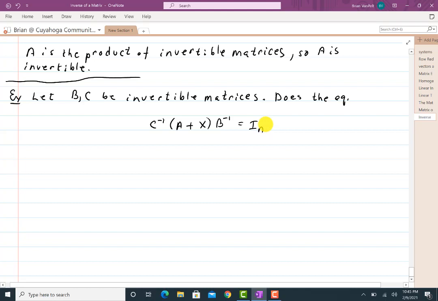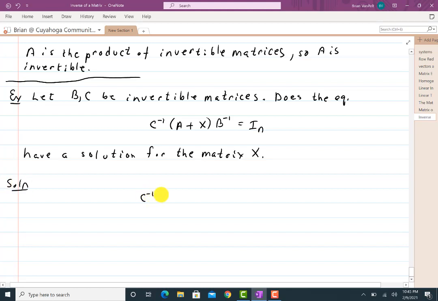Does the equation have a solution for the matrix X?